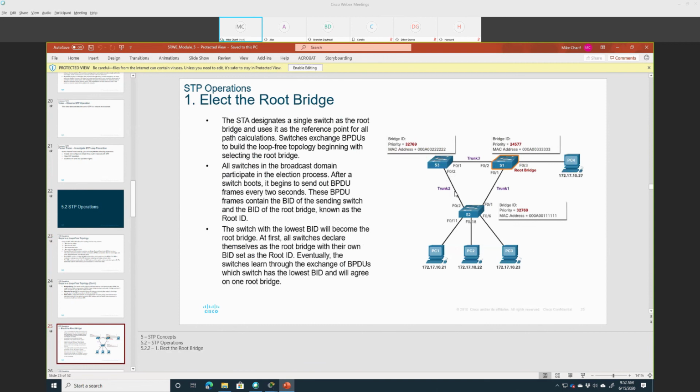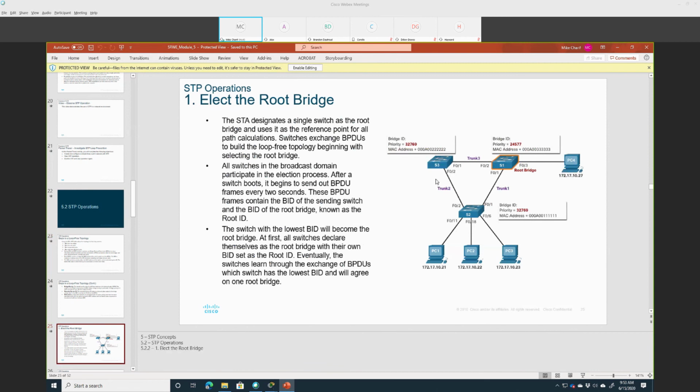Now we're going to block it somewhere to prevent the loop. Based on the cost, the MAC address over here is less than the MAC address over here, but they have the same priority. So we break the tie by the MAC address.